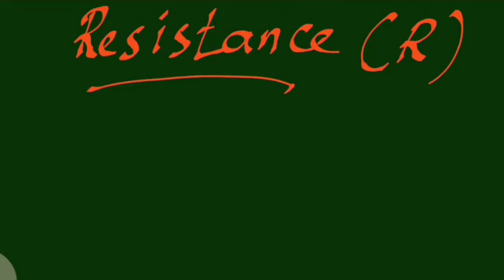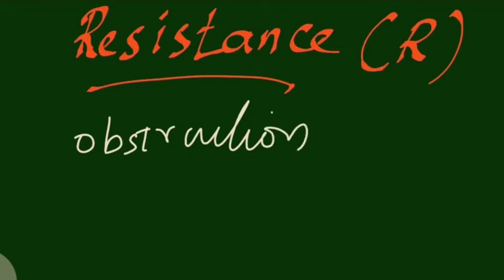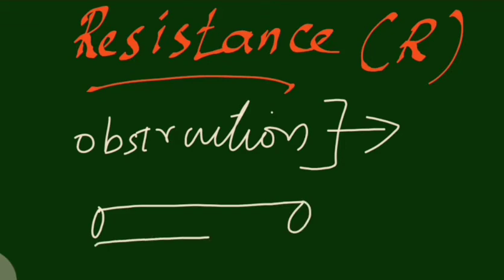As you know, the meaning of resistance is obstruction. So if something is being obstructed, we say that there is a resistance. Now we are learning about current, and the current will be flowing through a conductor, maybe a metallic wire or any conductor.